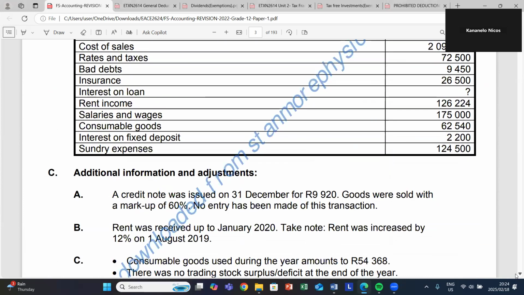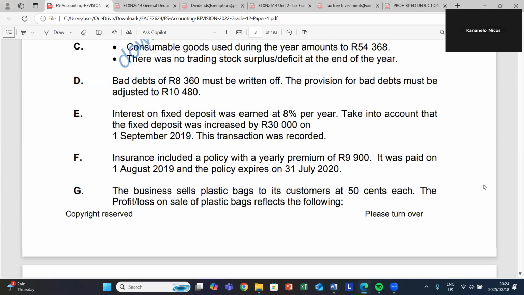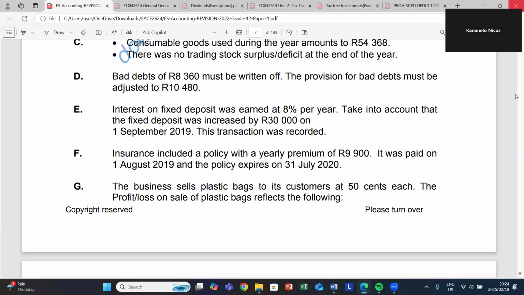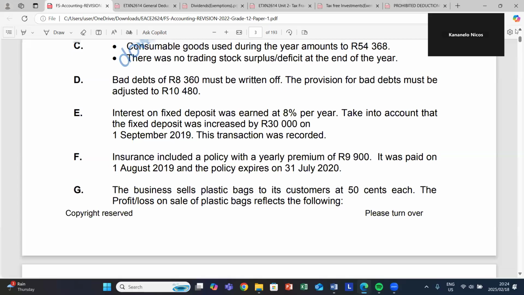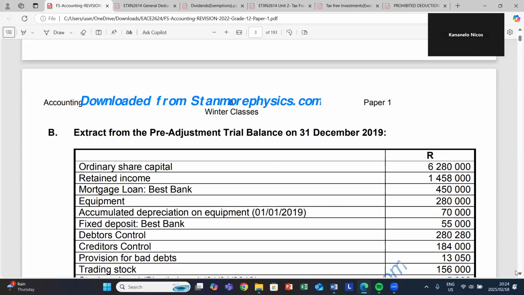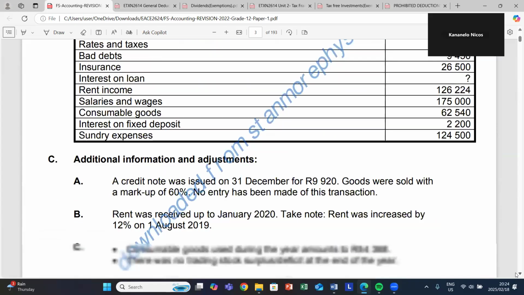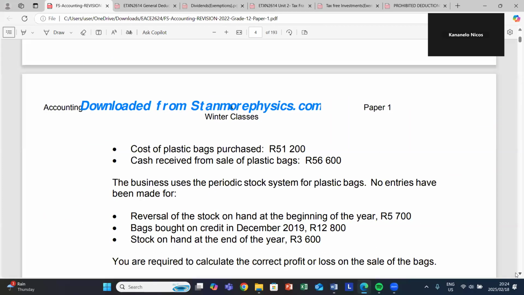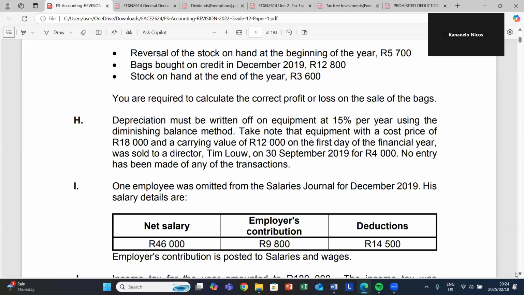Let us go to adjustments and see the one that talks about depreciation, or that talks about disposal. Okay. Let us go to letter H there.